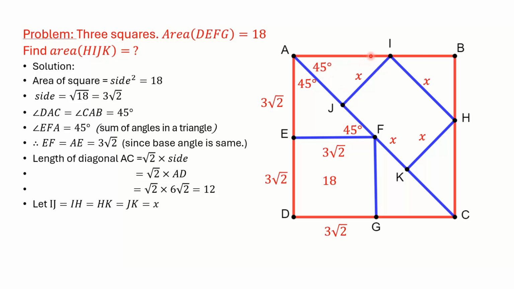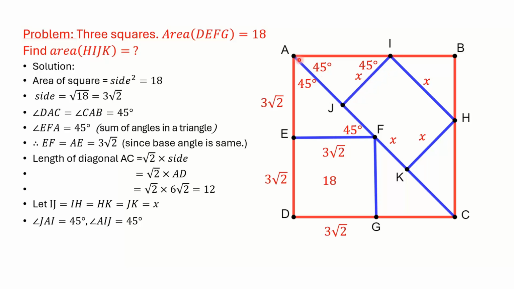So what is this angle? The sum of angles in a triangle is 180. So this also has to be 45 degrees. So this is 45 and this is 45. So this is again an isosceles triangle because this angle and this angle are the same. So this side, that is AJ, is equal to IJ, and this is known, this is x.